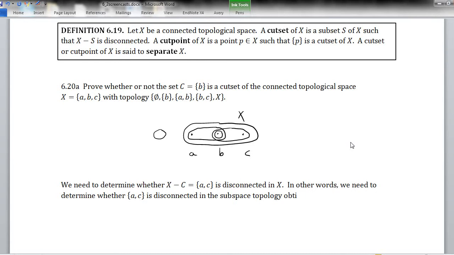obtained. How do you get the subspace topology? By intersecting the open subsets of X with the subset that we're looking at, A and C, right? So what do you get by doing this? Well, empty set intersect AC is still the empty set.